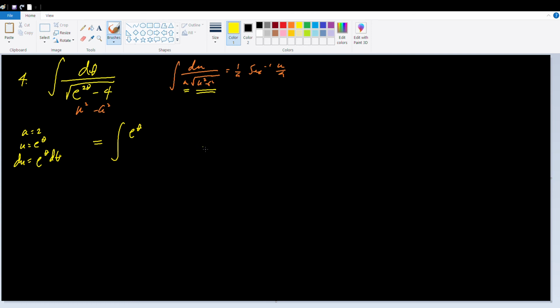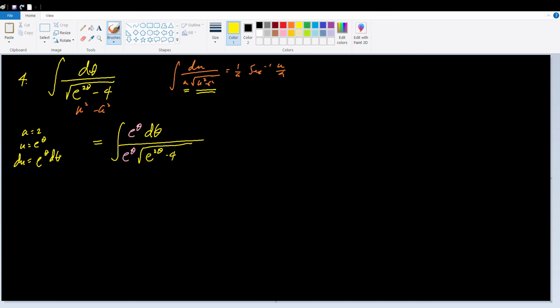Let me use a different color for that. So e raised to theta d theta all over, we need the same term, e to the theta, outside the radical, square root of e raised to 2 theta minus 4.